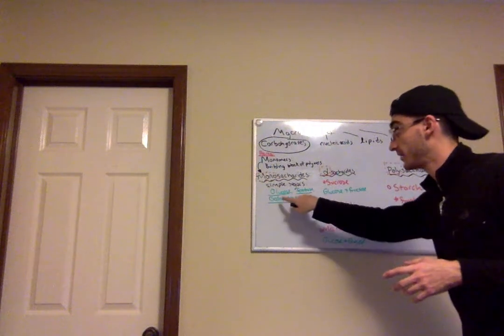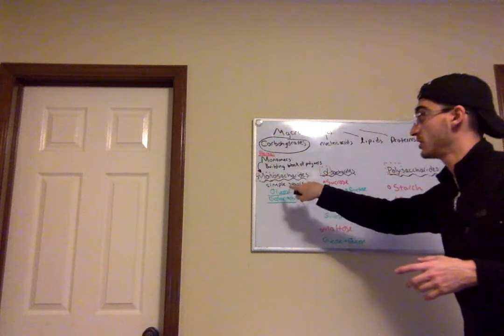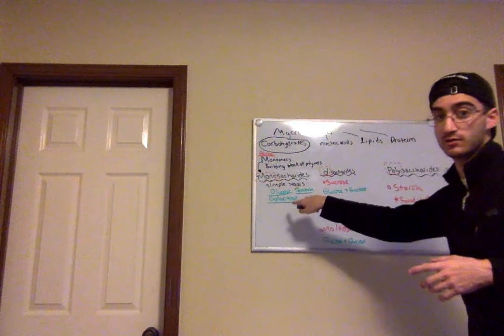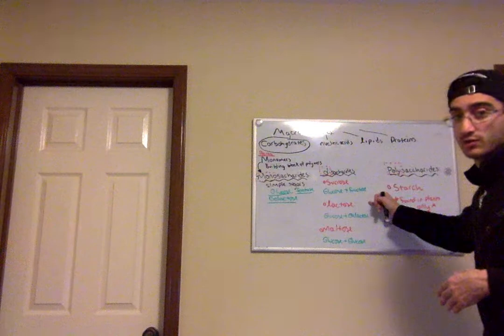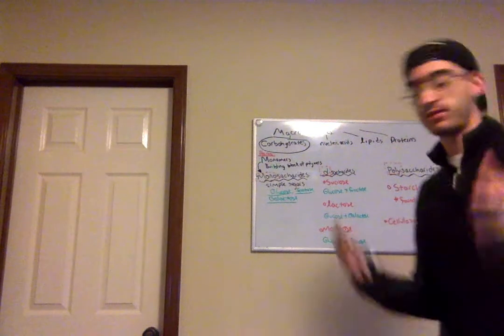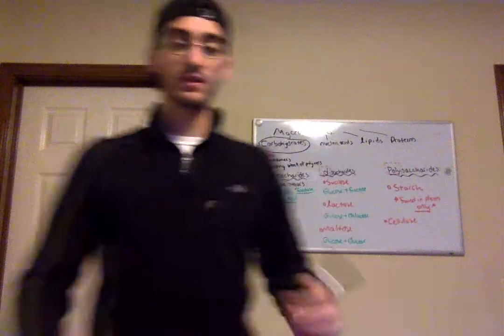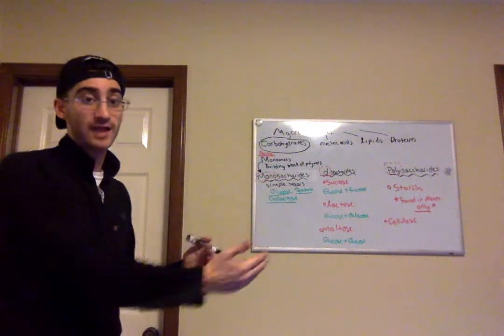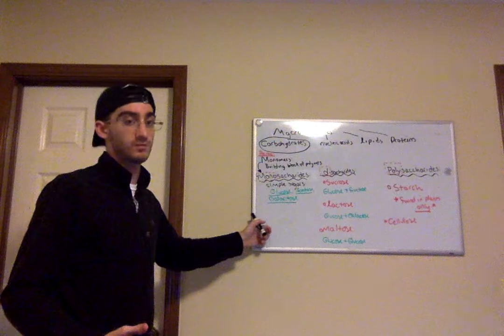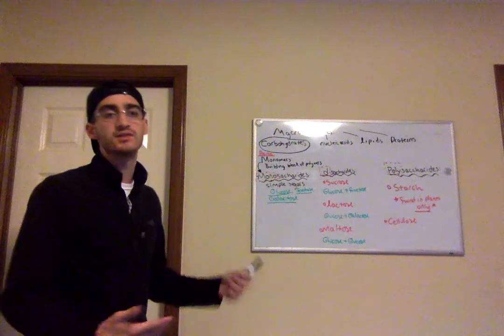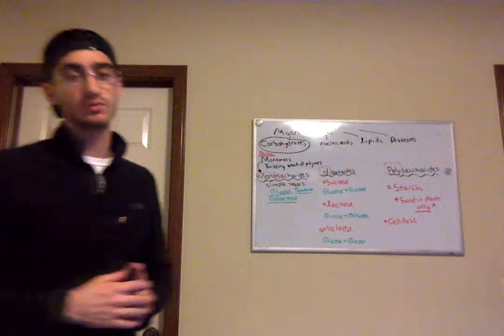Again, looking back at our monosaccharides, glucose, fructose, and galactose. You see? Moving down the list, we have lactose. Based off the name lactose, and based off the monosaccharides that we have given, what do you guys think the two combinations are going to be?